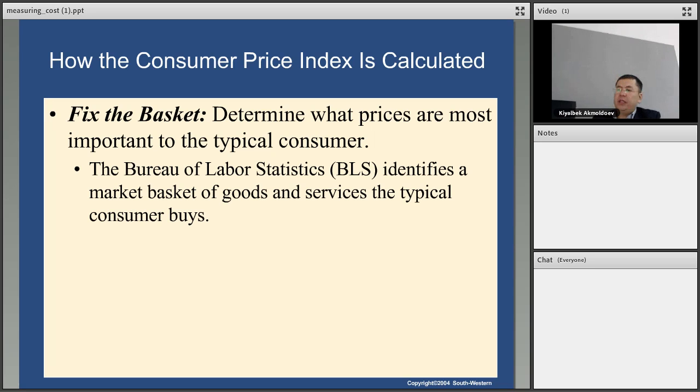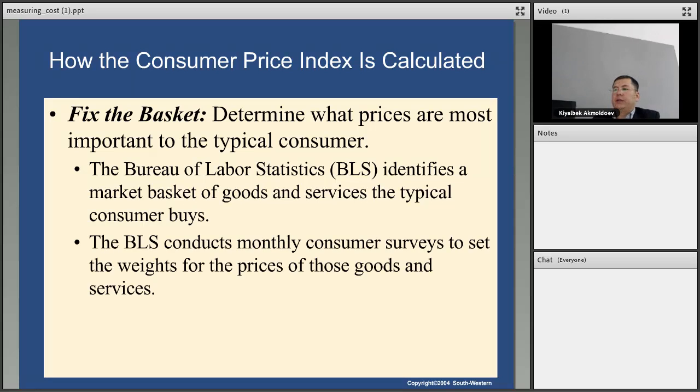In different countries, the consumer price index, or CPI, is calculated by their national statistical bureau or center, how can we say. So it should be a government-owned statistical organization that every month officially announces or calculates the change in the basket.